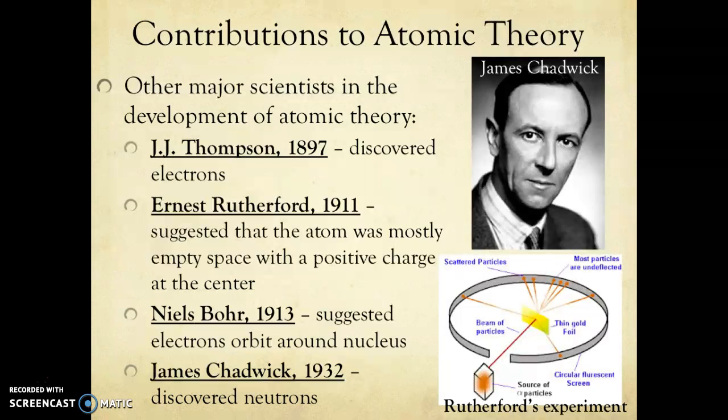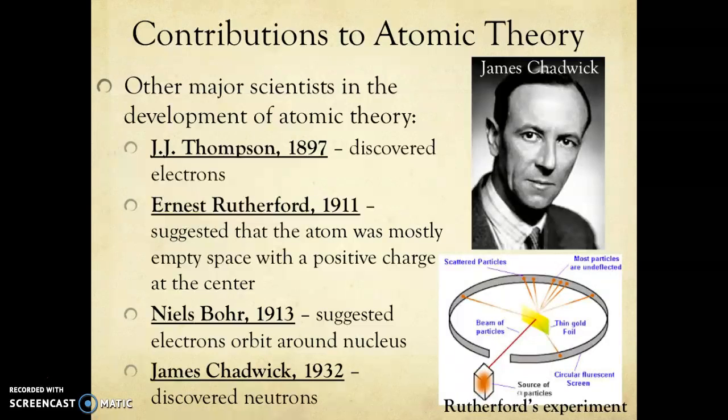And if you notice, that's about 90 years after the original atomic theory was written by John Dalton. So it was almost 100 years later, almost, that the next major discovery was really made. So it takes a long time to study atoms. But anyways, again, J.J. Thomson discovered electrons.